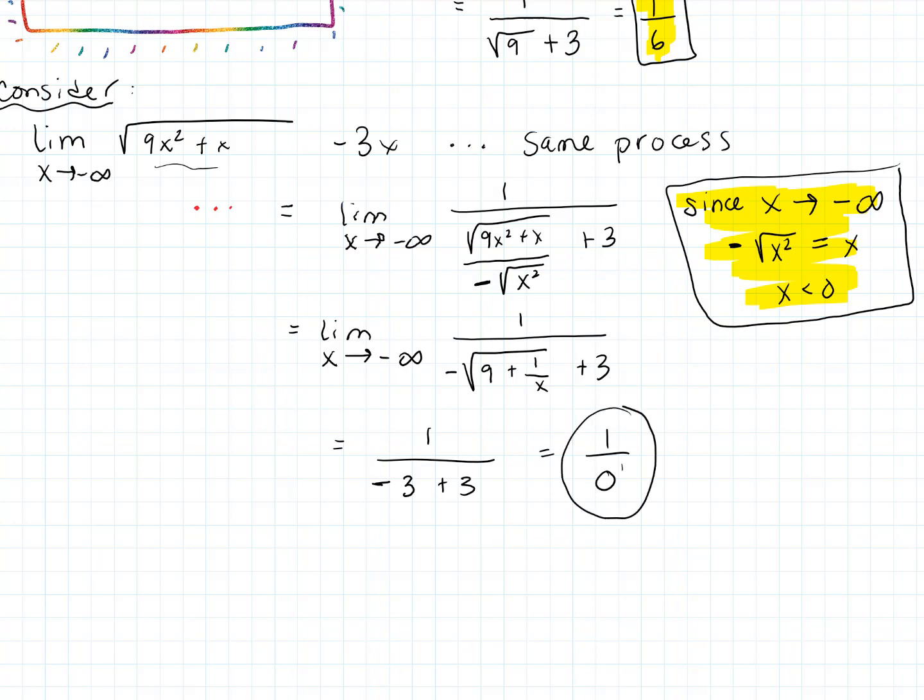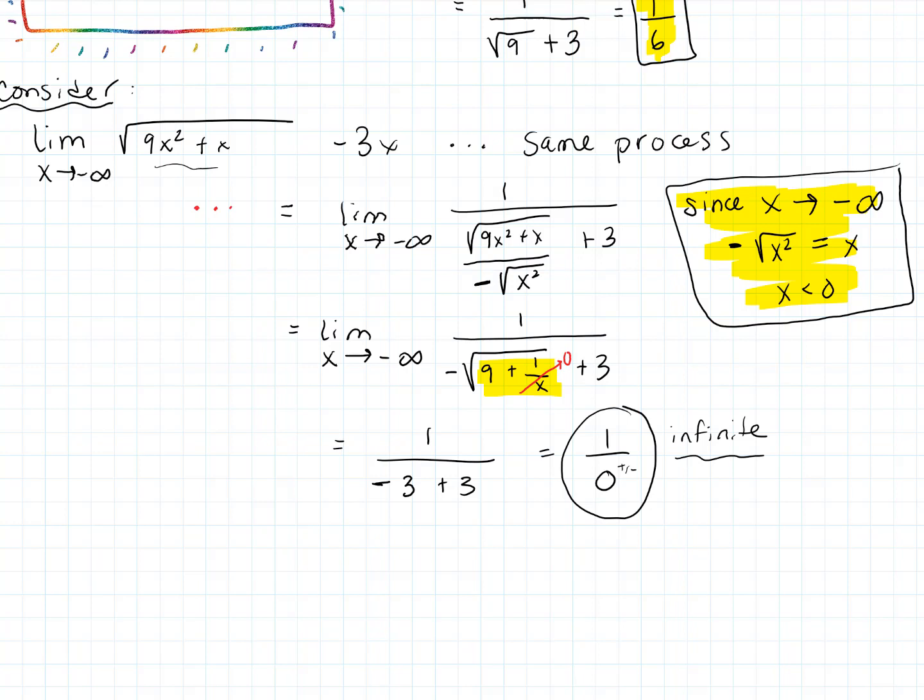And I would have to think about how this is directional. Because this is infinite. So this is definitely infinite as we're heading out towards negative infinity, but which of those infinities is it? Does it approach positive infinity or does it approach negative infinity? So we have to think about what side of 3 this is coming from right here. And so if we take 9 and we add something here that is approaching 0, we have to think for a second about which side of 0 it's coming to.